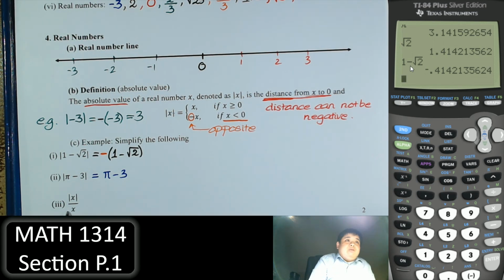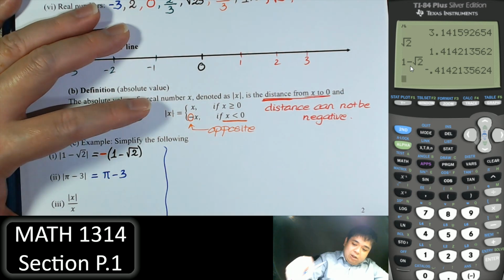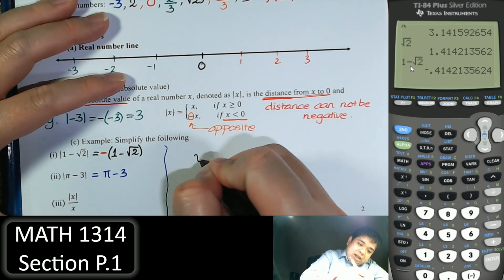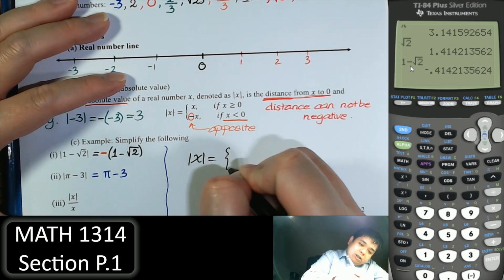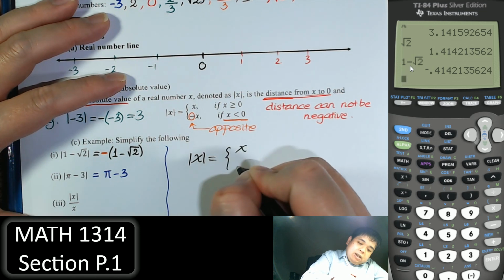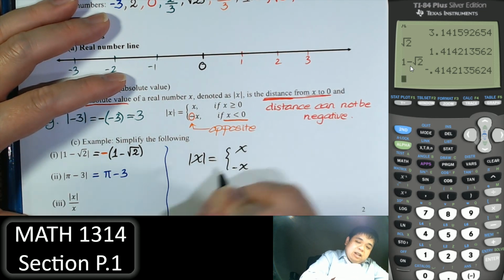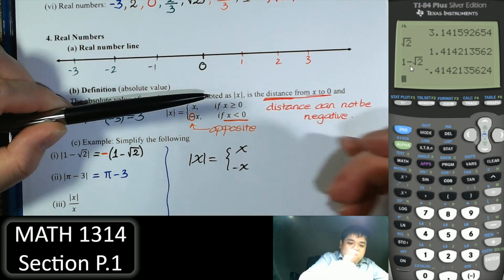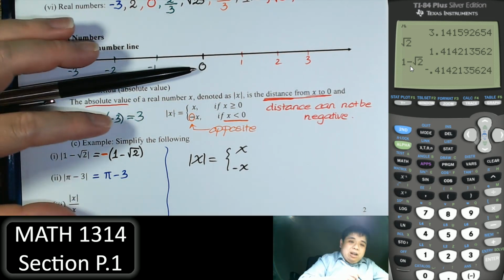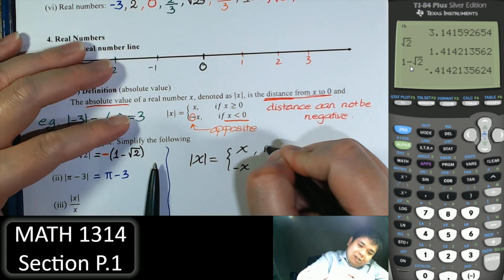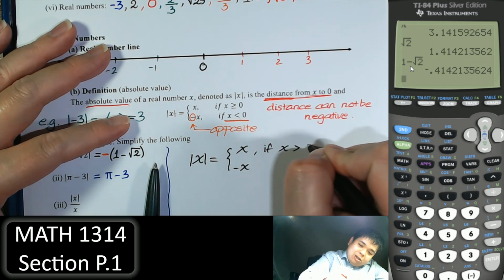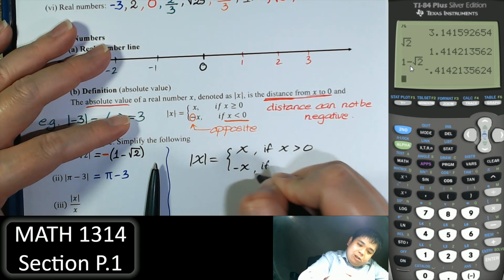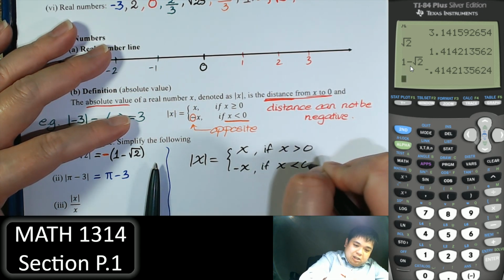Now, what is the absolute value of x over x? We have the absolute value of x equal to x if it's positive and equal to negative x if it's negative. Of course, I bring in the condition: if x is greater than 0, if x is less than 0.